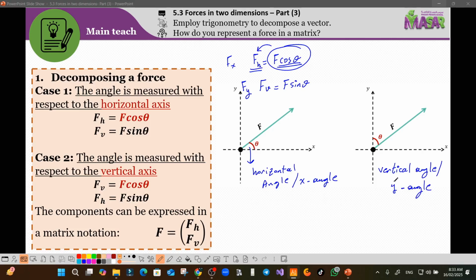By the y angle, the vertical angle, I mean the angle that has been measured between the force and the y-axis. If this is the case, then we apply F cosine for the y component because the measured angle is with respect to y, and directly we can say that F x takes F sine theta.